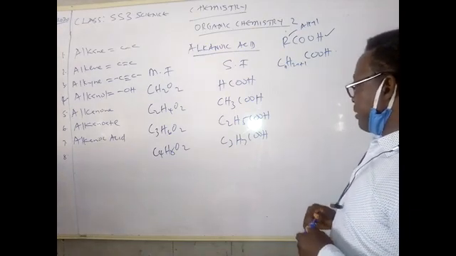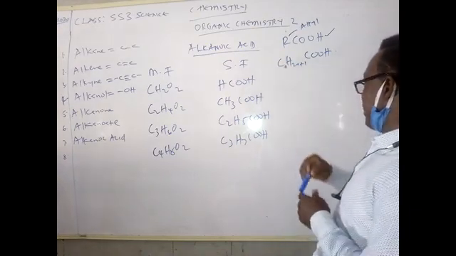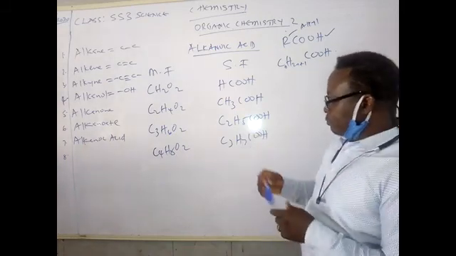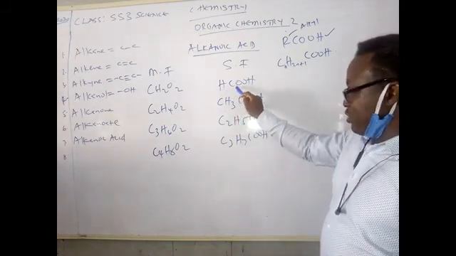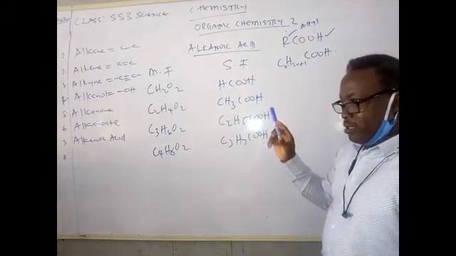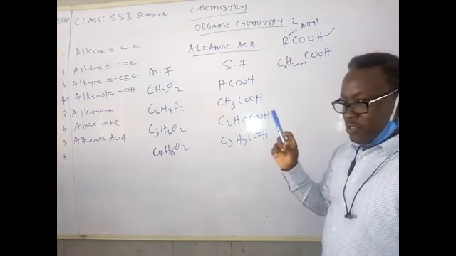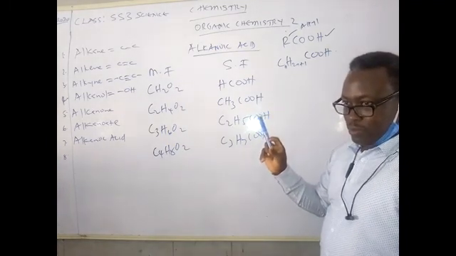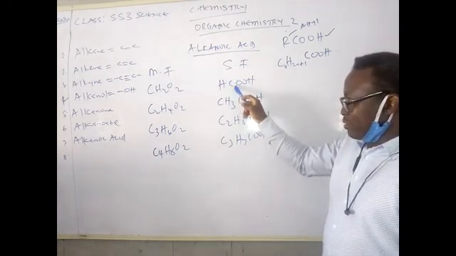So I have some examples of alkanoic acid here. You have HCOOH. How do you name this? You name it based on the number of carbon atoms. You have 1 carbon atom here.